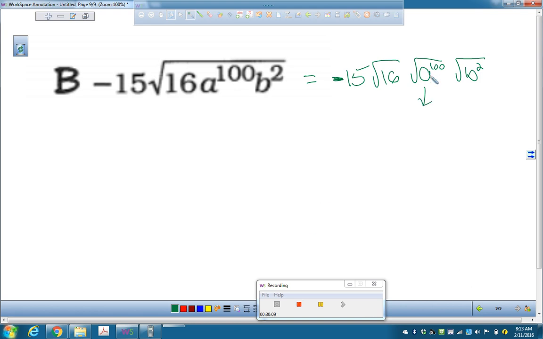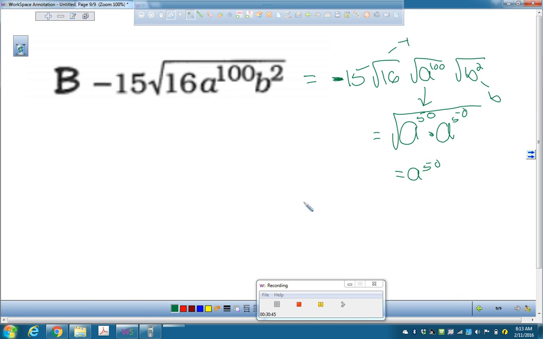Okay? Because remember, is it a to the 10th? You're right. Wait, is it? No, it's not a to the 10th. Because it's a to the 50th. Okay? Because remember, you divide the exponents to get this. So the square root of a to the 100th is a to the 50th power, right? So this is equal to a to the 50th. What's the square root of b squared? b. Okay. This is 4.